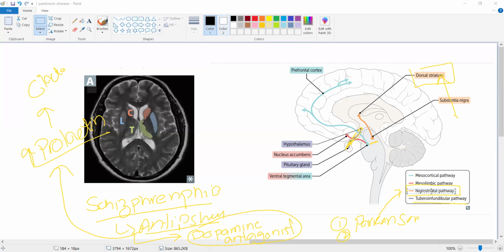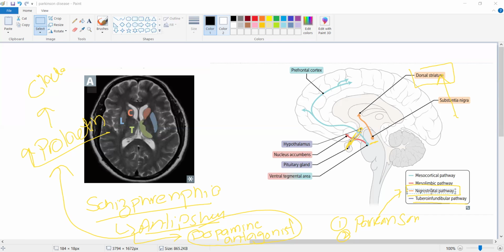Although the nigrostriatal pathway is the main one affected in Parkinson disease, and antipsychotics also affect this pathway, when you hear about prolactin, then the answer is the tuberoinfundibular pathway, right?